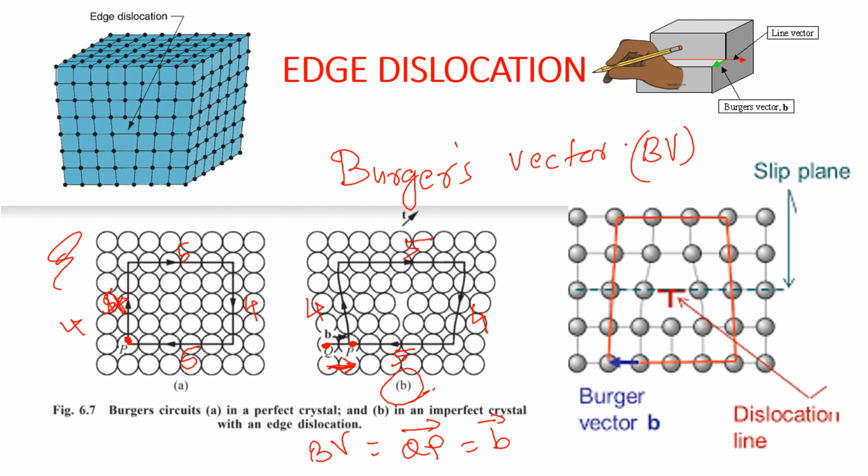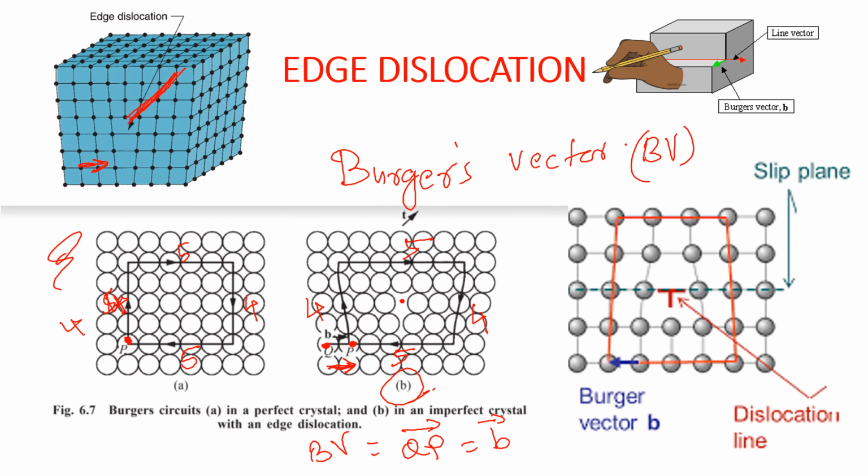In this picture, which one is the edge dislocation line? It is a line, see the red dot there, from there inward. And the Burger vector we draw in the downward direction. So the Burger vector is always perpendicular to the direction of edge dislocation line.